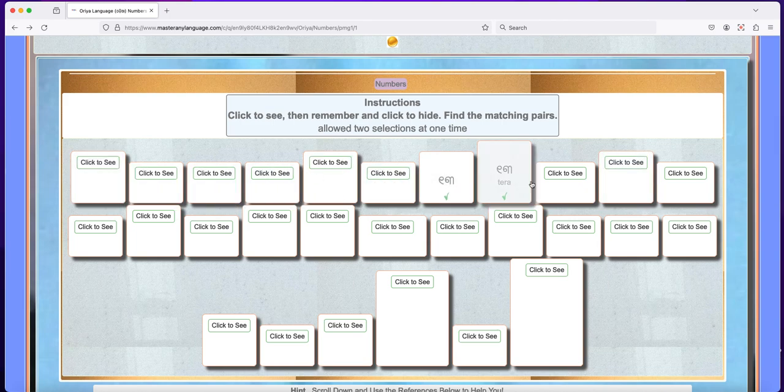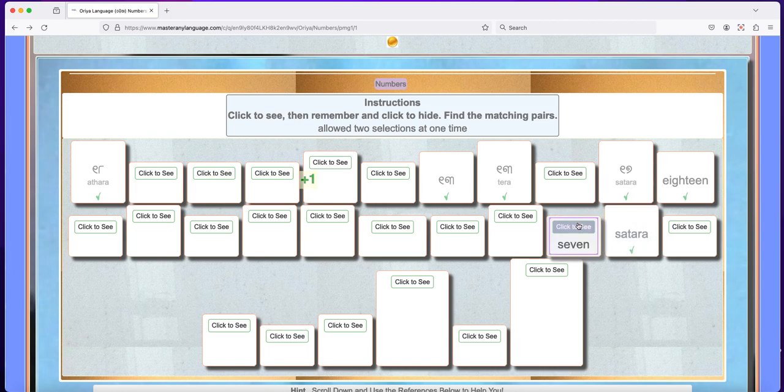Oh, Satara. Satara was over here. No, that's Atara. Satara. Atara is 18. Remember that. 33. Satara is right here. 7 is Sat. Shatiye. Ah, that's 60. I don't know what number that is now.